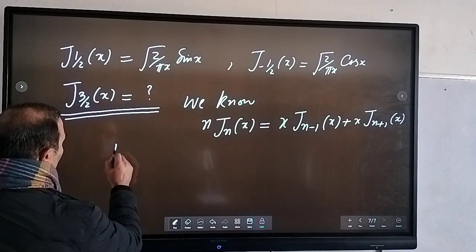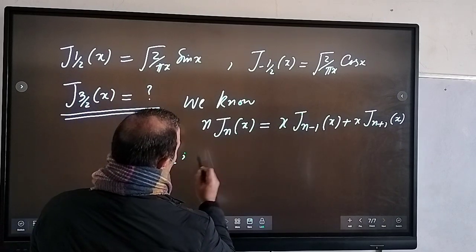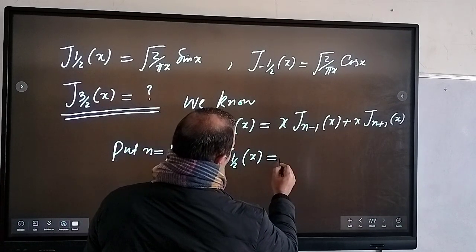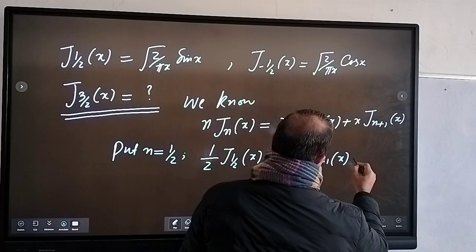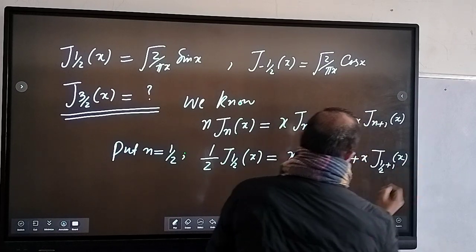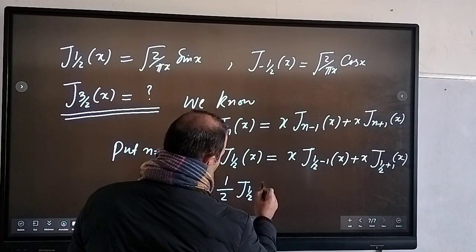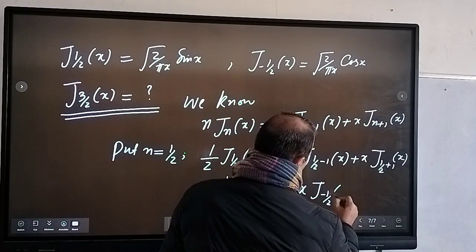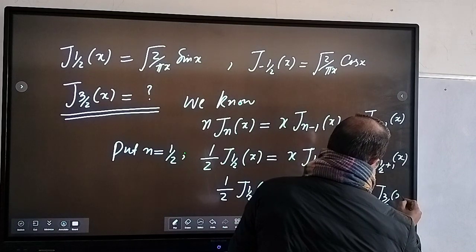So if you put n equal to 1 by 2, this will be equal to, okay, right.